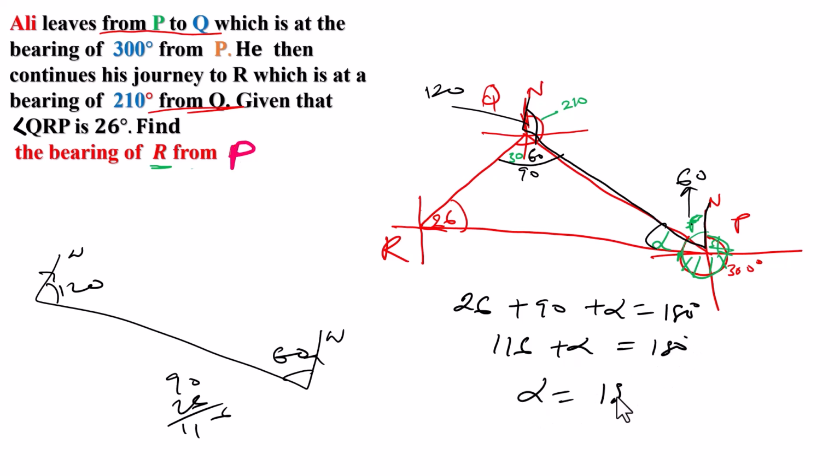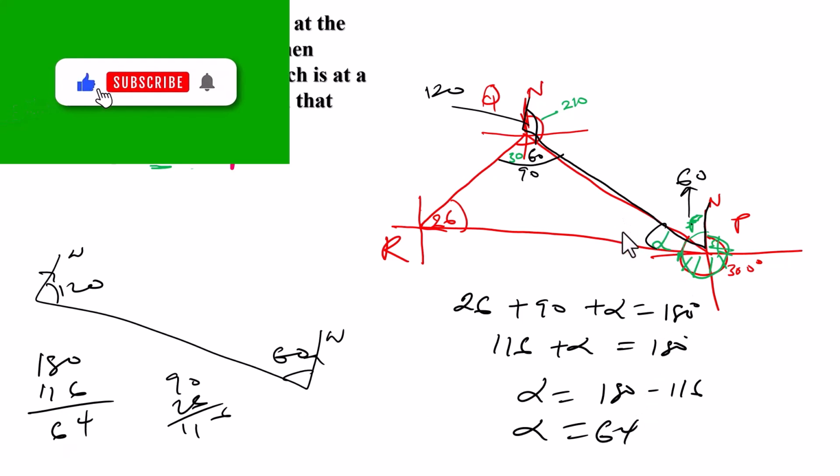Alpha is 180 minus 116, which is 64. So this side is 64.